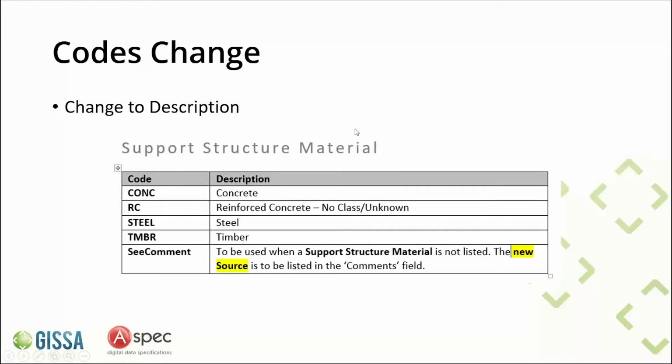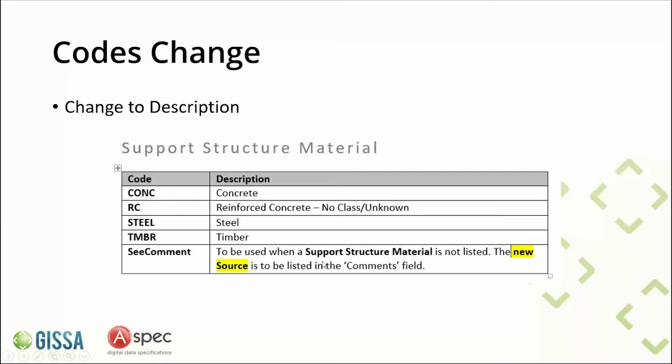So for example, change the description. We're spending a lot of time and effort on harmonizing and standardizing our responses, and we want to make sure that we don't create ambiguities because of our lack of attention to some of the details. So in this case, you can see that the support structure material table has a C comment code.